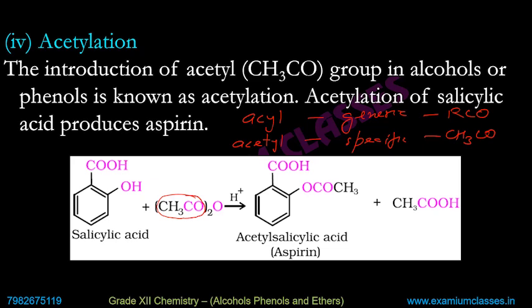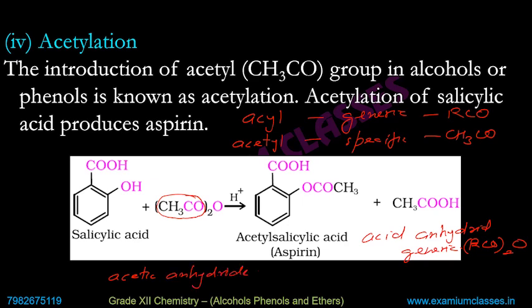When I am saying acid anhydride, this is generic, meaning it is RCO whole twice O. But if I'm saying acetic anhydride or acetyl anhydride, it is specific that I am talking about CH3CO.